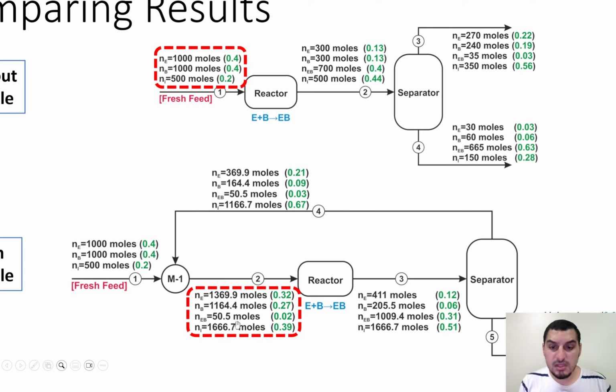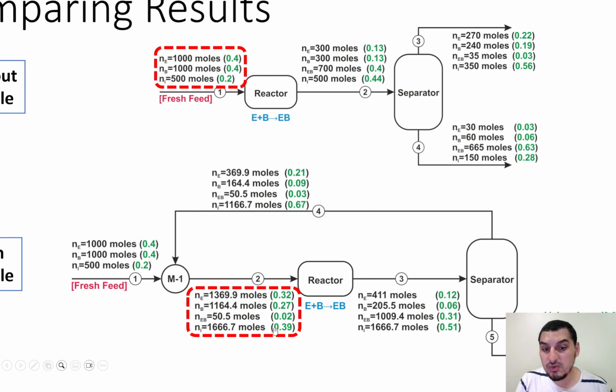But the more important thing is the inerts. You'd see that the inerts is 1,666 moles, while it was only 500 here. To make it more comparable, because this number might be larger but might not represent a lot if we compare it to the rest of the components, I want to focus more on the concentrations.